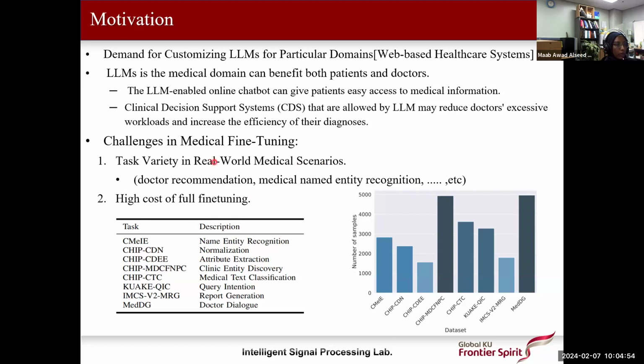If we try to use, for example, multitask learning or fine-tuning with just one dataset containing different tasks, for example, here we have the CPLUE dataset. This dataset has 8 different tasks, and each task has different numbers of samples in the dataset.